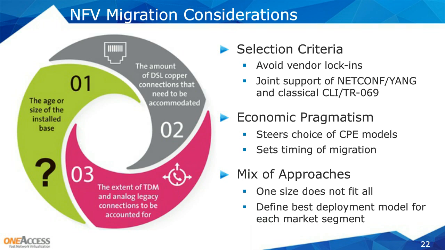There are TDM and analog legacy connections. And then there is the equipment refresh cycle. If you've just bought a bunch of CPE from a particular vendor, you don't want to throw it away after 18 months or even after 2 years. You've got to plan so that when you make the investments, they're done when you would do them anyway. They may be slightly different investments, but they're done when you would do them anyway.